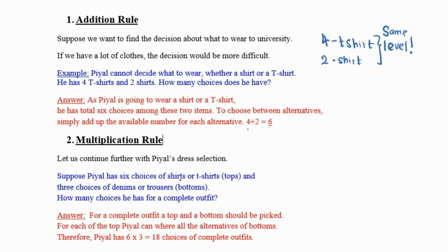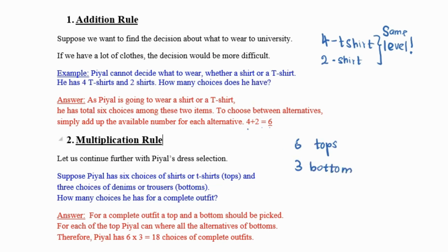So now let's see how many choices he has for a complete outfit. He has 6 choices of t-shirts or shirts, which we know from the previous example. And he has 3 choices for denims. Now look, they are not on the same level. There are 6 tops and 3 bottoms.